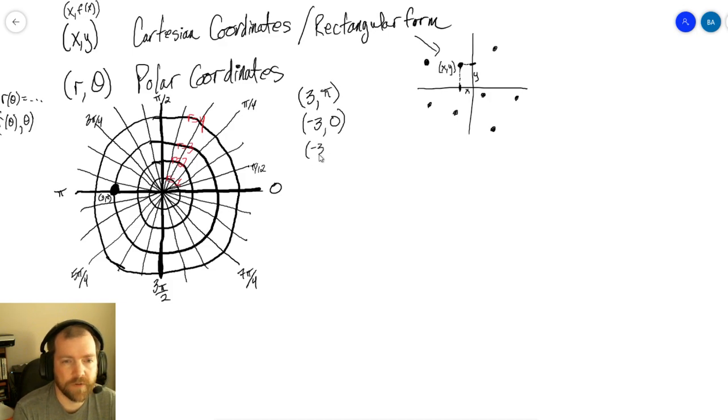We could have also been facing 2 pi. So negative 3, 0 or negative 3, 2 pi could have worked. In addition, we could have gone around again and made this 3 comma 3 pi. Or we could have turned in the opposite direction and gone 3 comma negative pi.